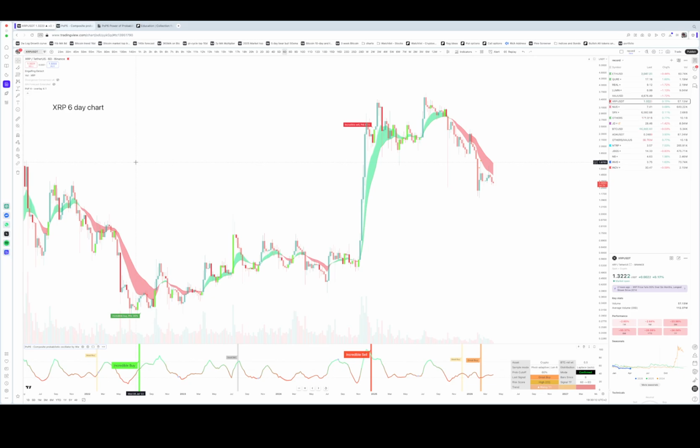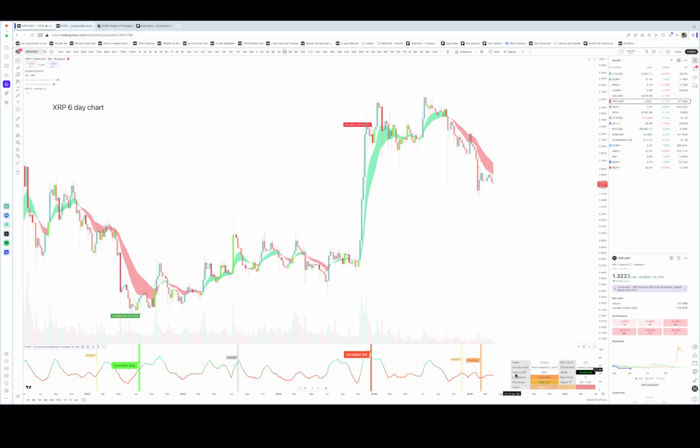What's the next thing to touch on? Multi-timeframe. So that's multi-timeframe. And then okay, so yes, waiting. So we've got up here on the right hand side BTC waiting.